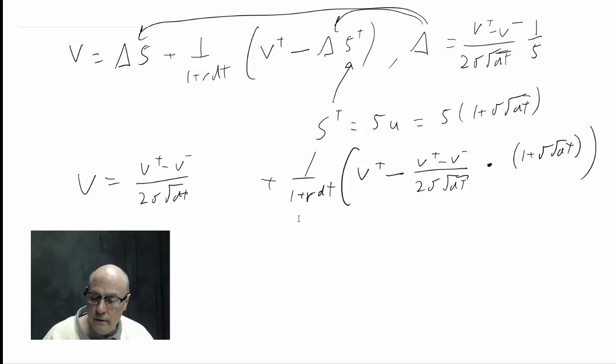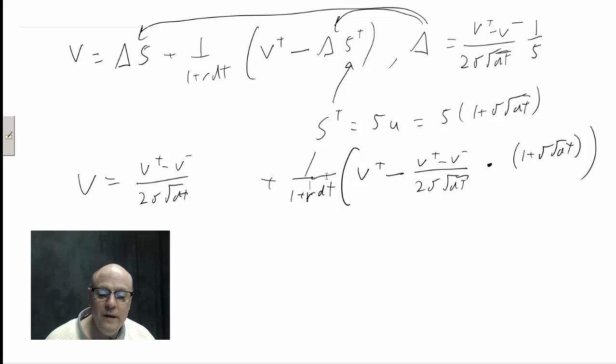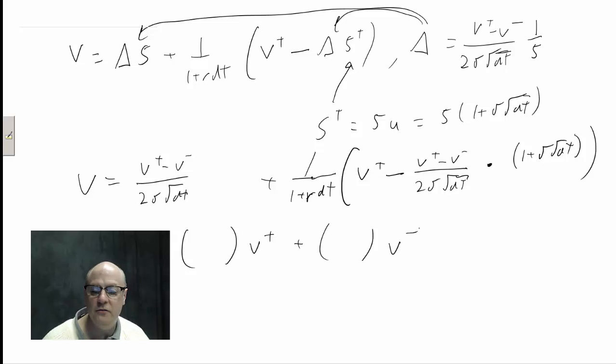But we can do better with this equation. I mean, this equation works, but it's kind of in an ugly form. What we can do is collect up our V pluses. So I want to write this as V equals some number times V plus, plus some number times V minus. That's what I want to clean it up to be. Why are we doing that?